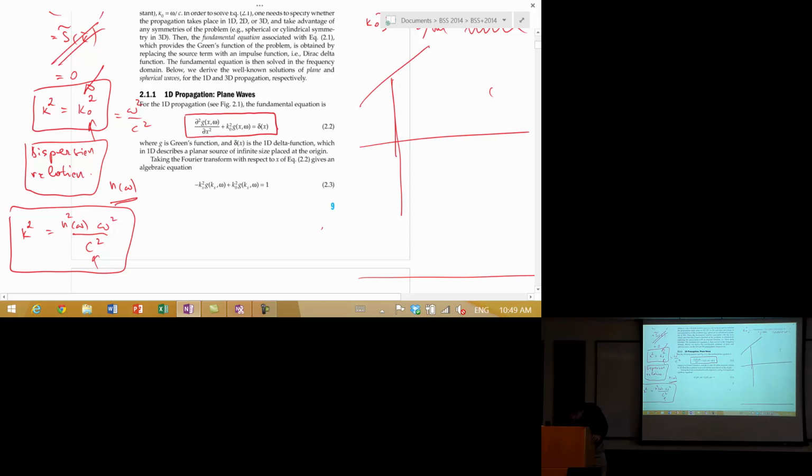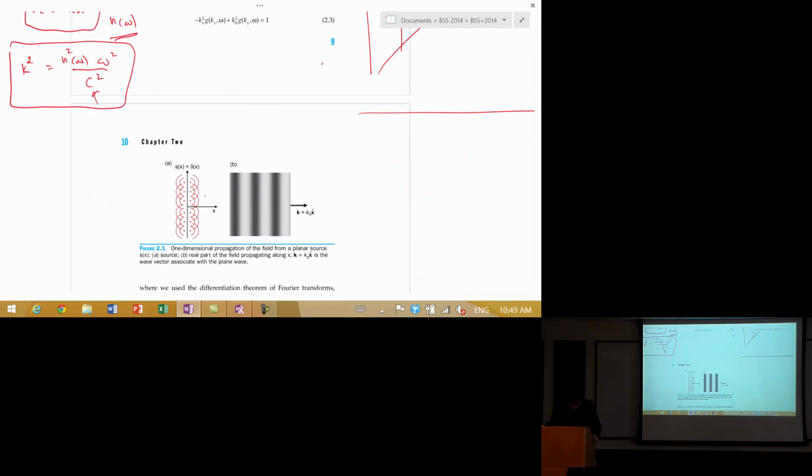This is the wall along x, infinitely thin. That means your source is a delta function in the x domain, so very thin in x, infinite in y and z. And I want to know what's the solution of this. What's the field coming out of this planar source?